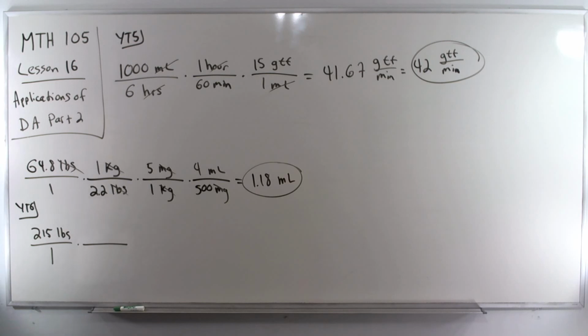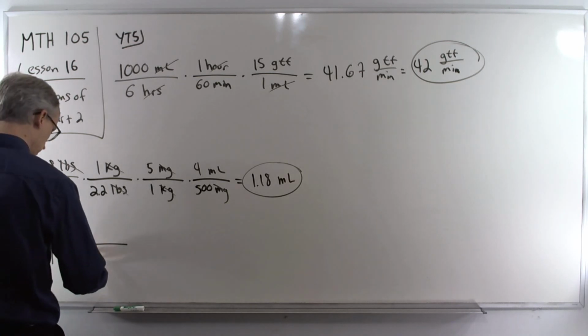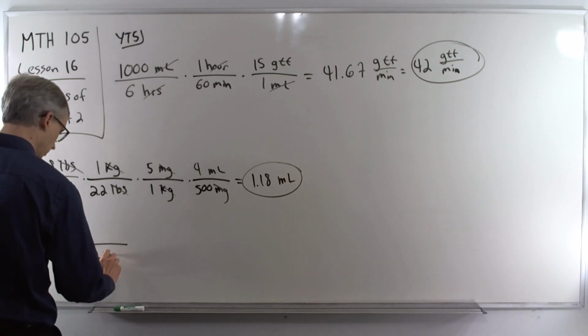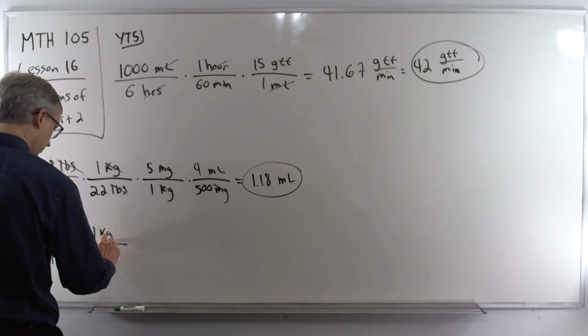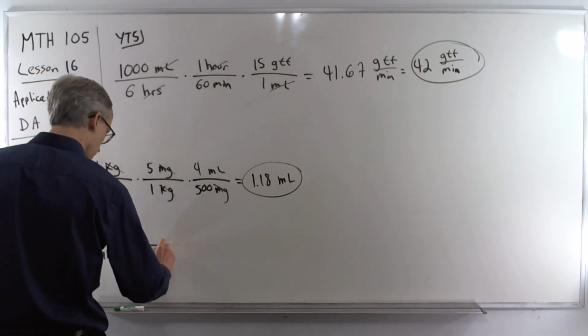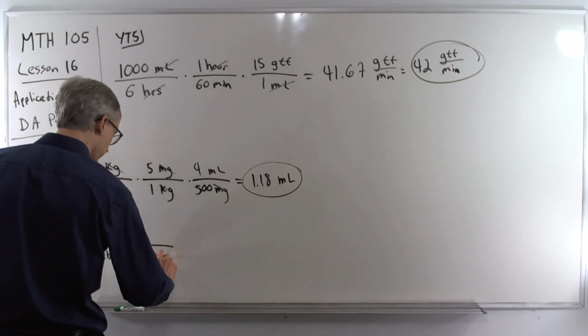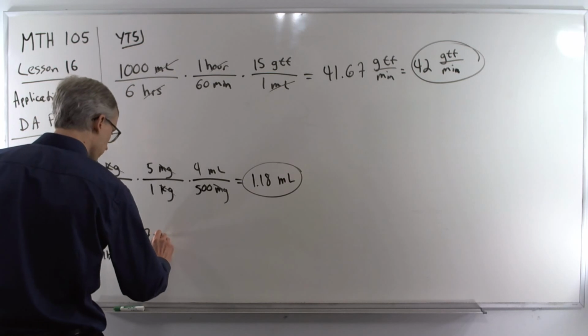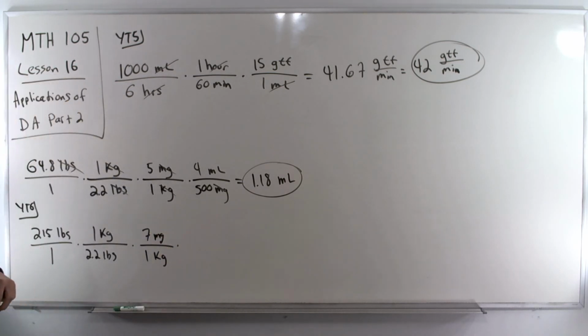So first thing, just like before, we're going to convert to kilograms. Then use the conversion factor in the problem that tells us how many milligrams per kilogram of body weight, and that is 7 milligrams per kilogram. So 1 kilogram goes on the bottom, and 7 milligrams of vancomycin on top.